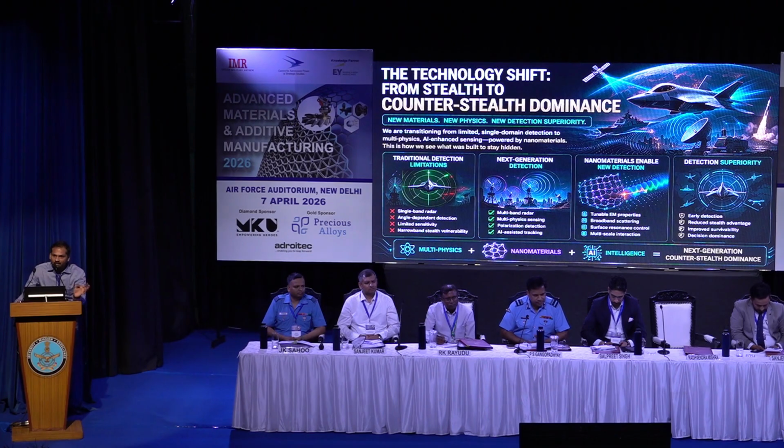In the 1990s, stealth design was based on conventional materials, which mostly depend on a single-band structure. As I mentioned, everything in stealth technology relates to electromagnetics and how materials respond to the electromagnetic field. Currently, conventional stealth technology alone is not working.